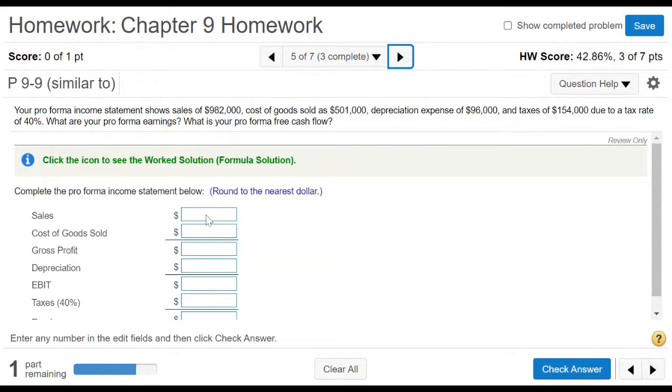Okay, so here it says show sales. So it's 982. Cost of goods sold, you say 501. I want to see something. I'm going to do what we did, and then we're going to say gross profit.